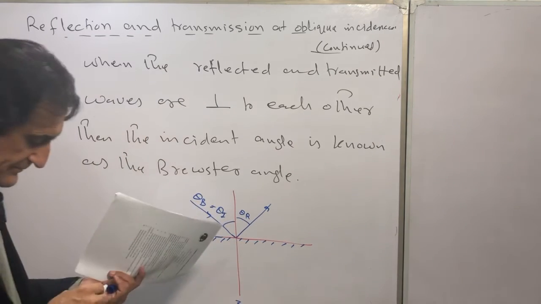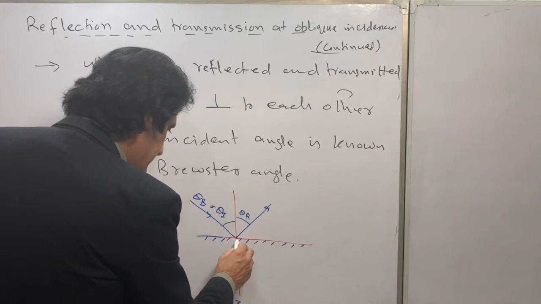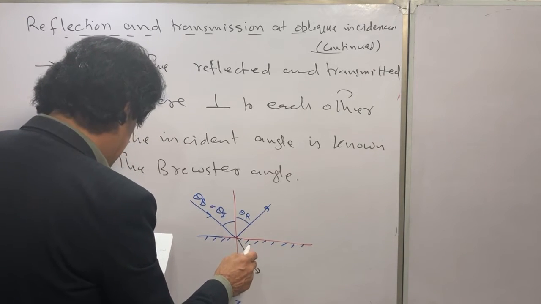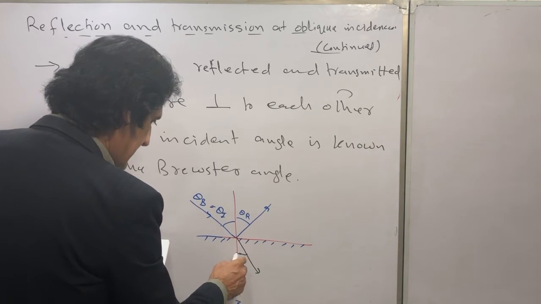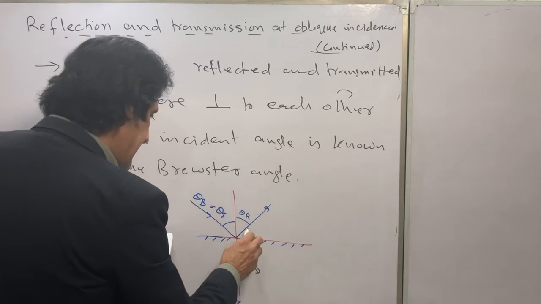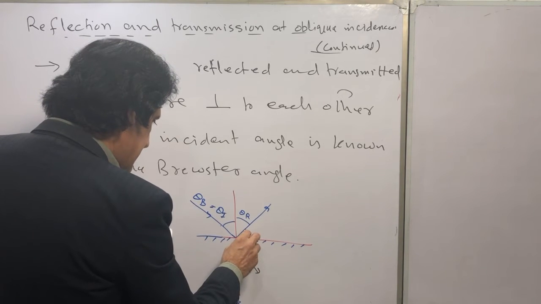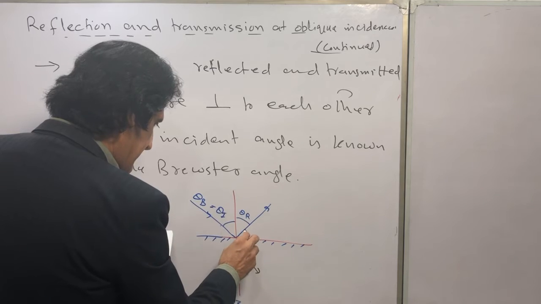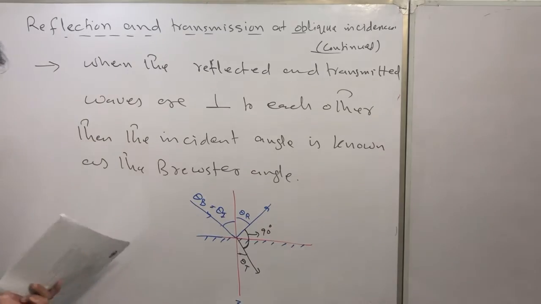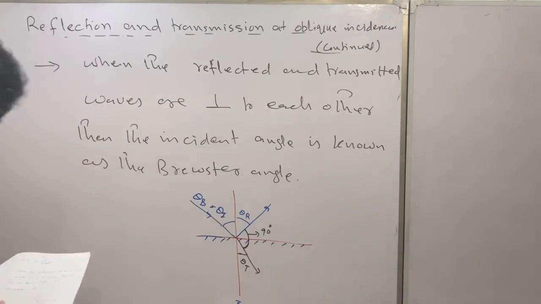It may be transmitted in this direction, and this angle is known as theta t. This reflected and this transmitted ray make an angle of 90 degrees.